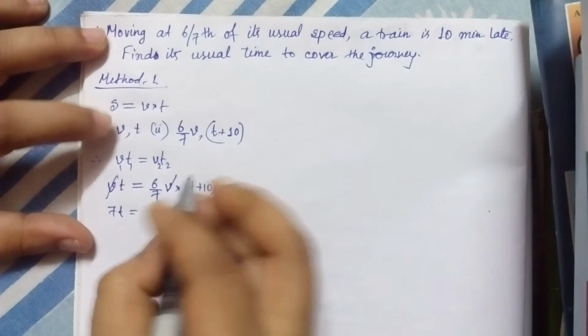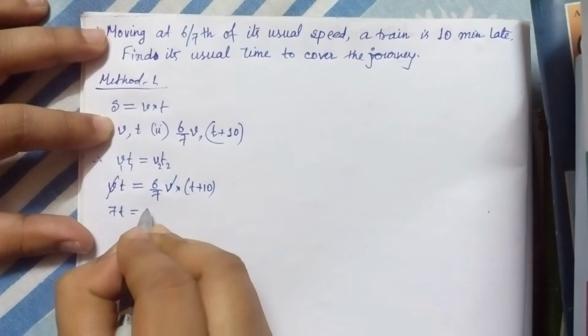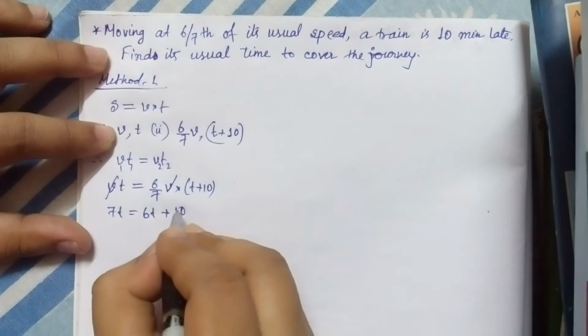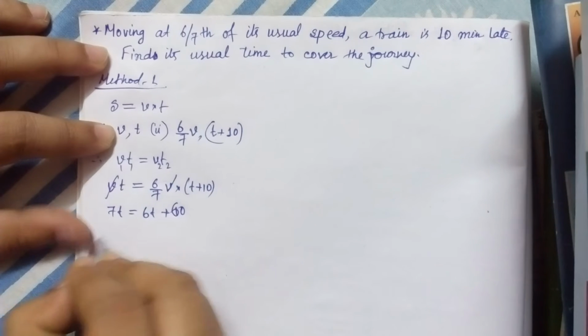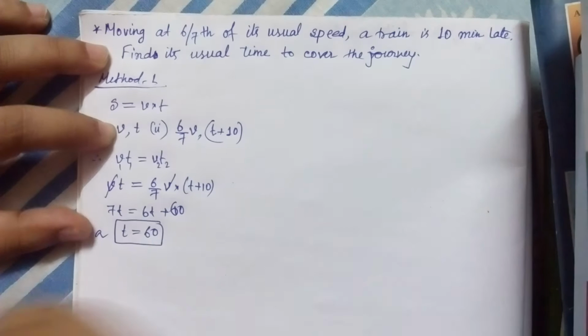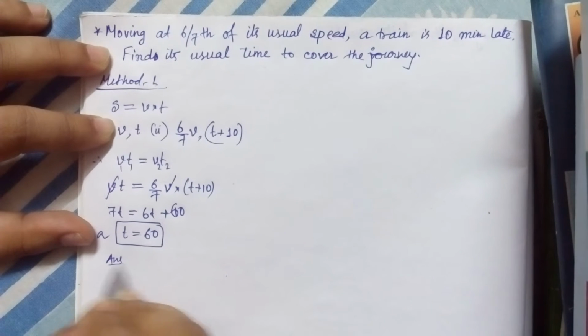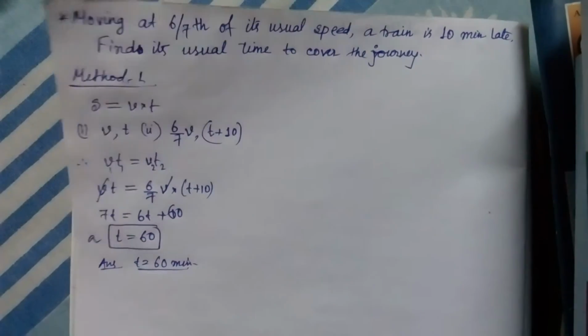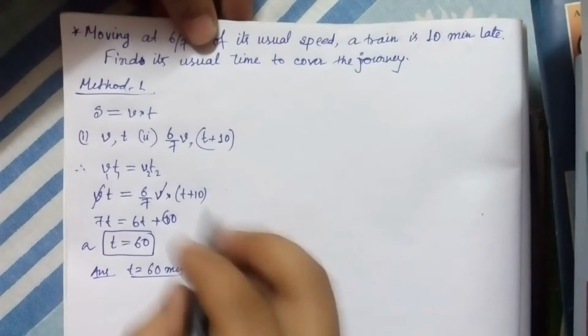It will give 7T equals 6T plus 60, or T equals 60. This is the answer, T equals 60 minutes, taking the unit in minutes.